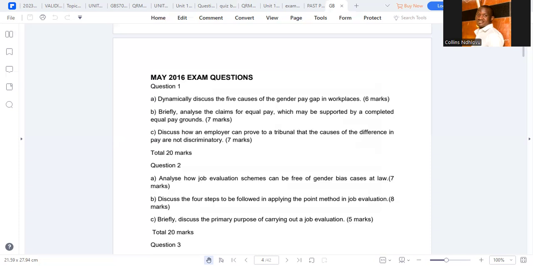GMF is a valid reason that one can give for a pay difference. It has nothing to do with the sex of the employee. GMF is usually based on objective, job-related factors. There are a lot of examples that employers can use to defend themselves. So GMF is a genuine material factor.